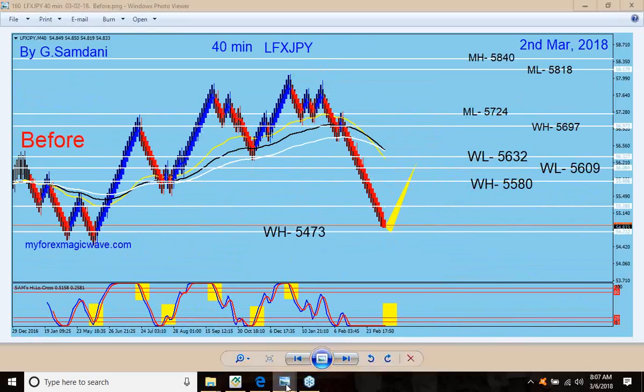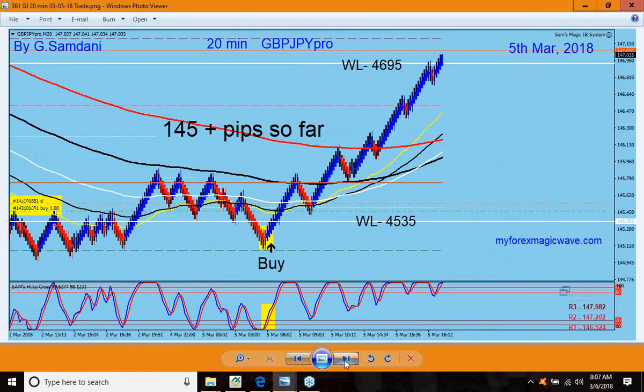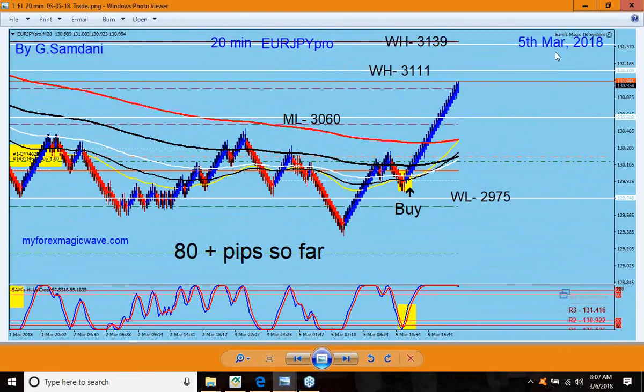So what I did, not only pound yen, I have done this on the 5th. Look how nicely it is. If you go and look at where this pair is sitting, euro yen. Euro has been strong for so long. I'm waiting to get the index to drop, but it's just not dropping.